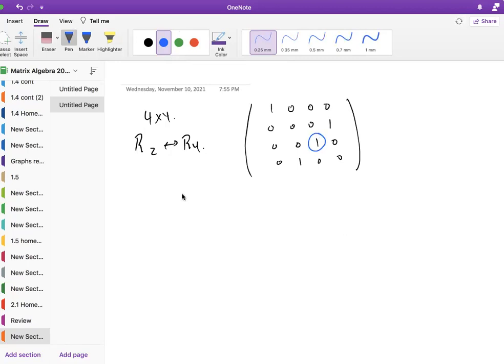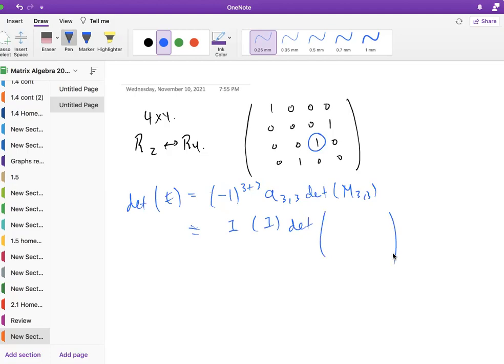So what is the cofactor? Since everything else is 0, the determinant is going to be -1 to the 3 plus 3, A33, determinant of M33. 3 plus 3 is even, so that's 1. And then can someone read out for me M33?